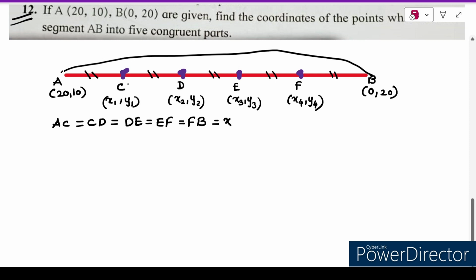Now this point C is dividing the segment AB.